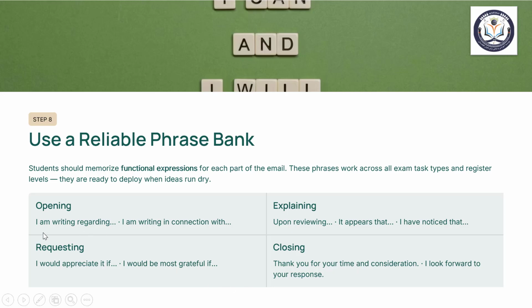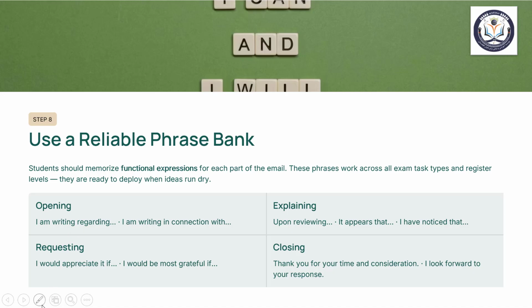For example, in order to state your purpose for your email, you can say, I'm writing regarding, and add the rest of the detail there. I'm writing regarding, or I'm writing in connection with, or I'm writing to express, I'm writing to request. These are opening phrases to start our email.